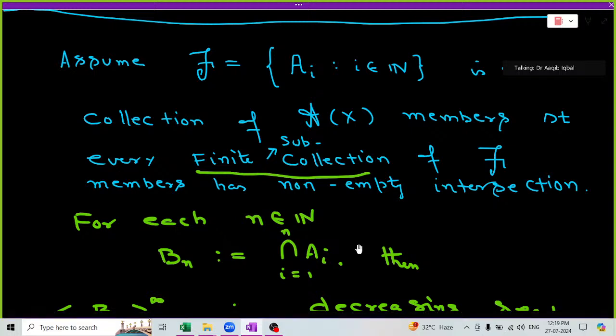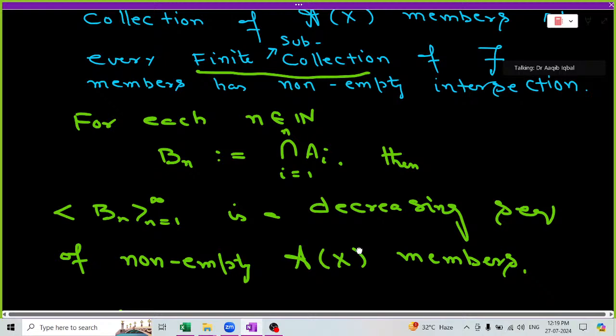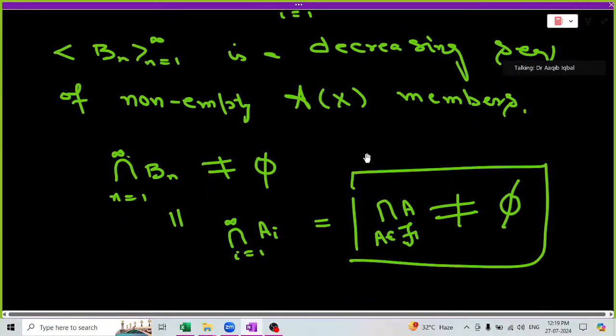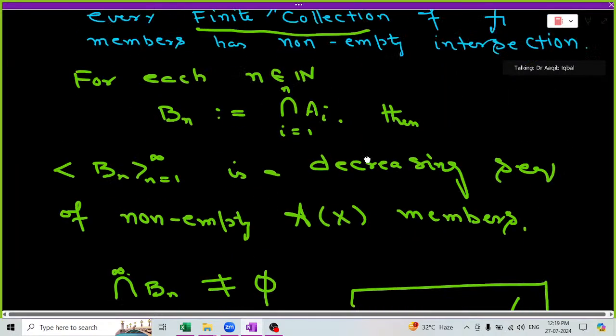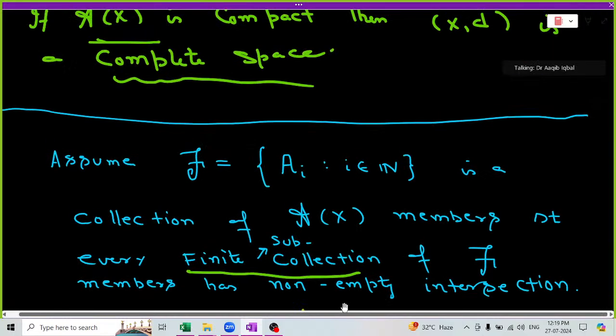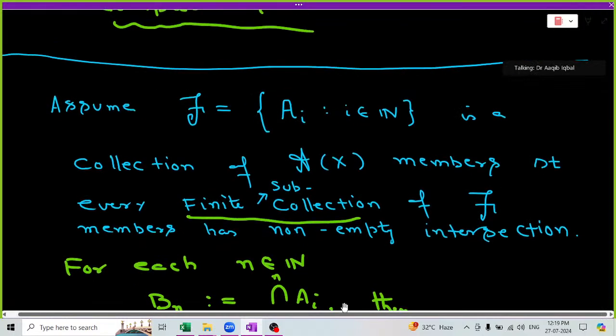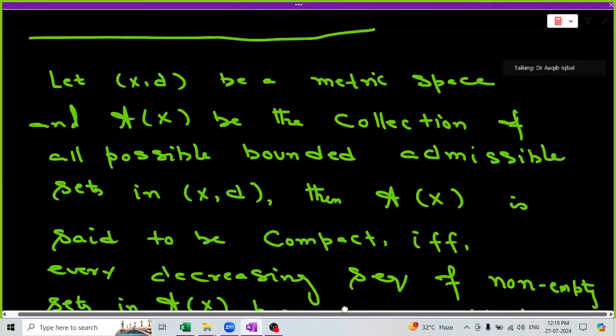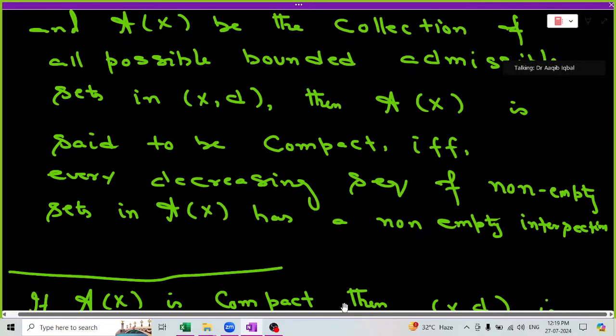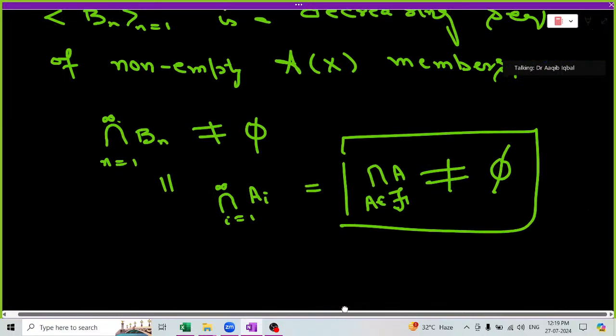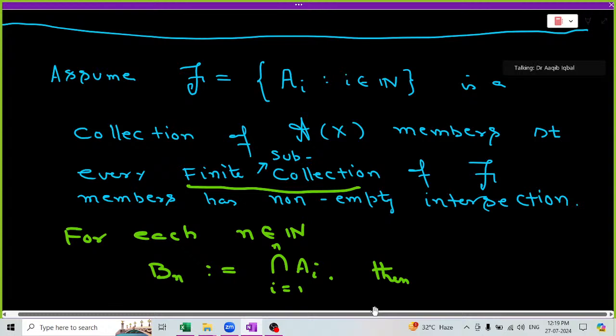So basically you can show that every collection of AX members with FIP has non-empty intersection, because जैसे यहाँ दिखा रहा हूँ ना आपको fancy F members का जो intersection, it's not phi, तो यही चीज़ इस्तेमाल करके you can show that if every decreasing sequence of non-empty sets in AX has non-empty intersection, then every collection of AX members with FIP has non-empty intersection.